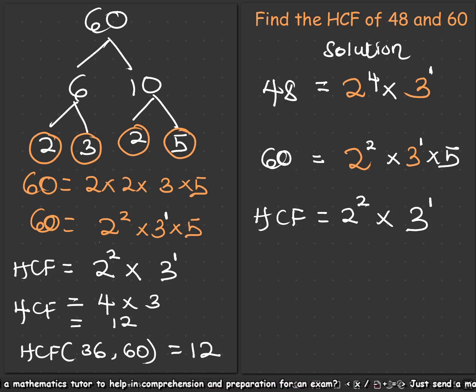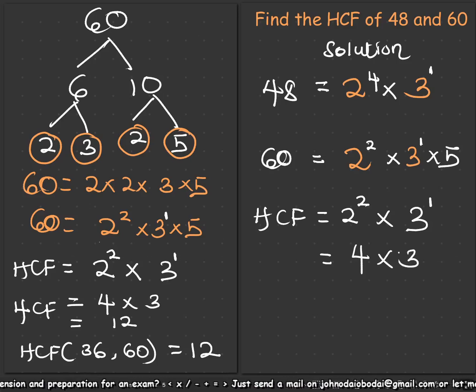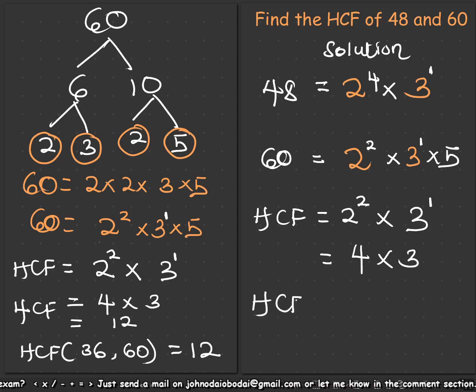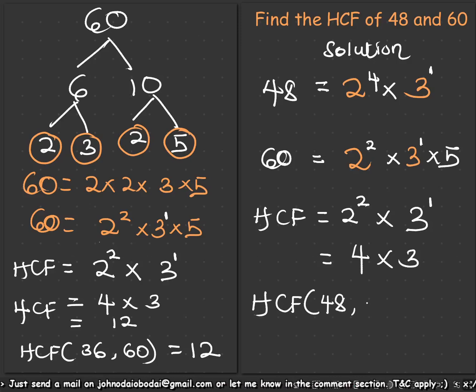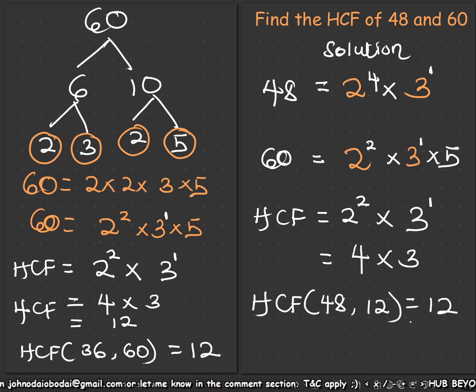So in that case too, we are going to have another 2 to the power 2, which is 4 times 3. Wow, this is also giving us 12. So we say our highest common factor of 48 and 60 is what? A 12. As simple as you see.